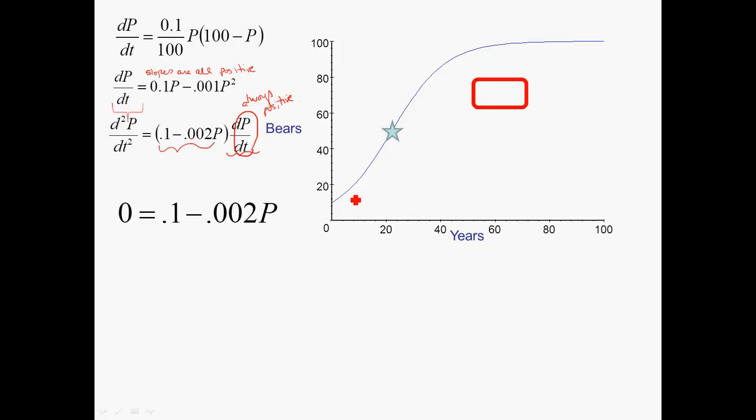On here, slopes are all positive until way over here where they're still just close to 0, but still positive. Then all I need to know is when this factor, since dp dt is always positive, when is 0.1 minus 0.002 p equal to 0? Subtract 0.1, divide by negative 0.002, and you get 50.